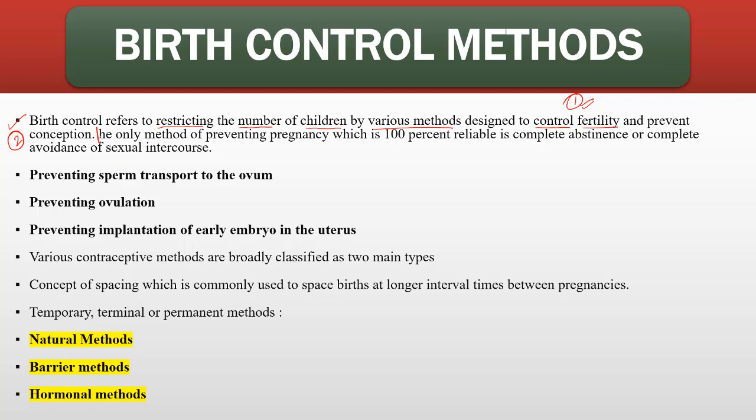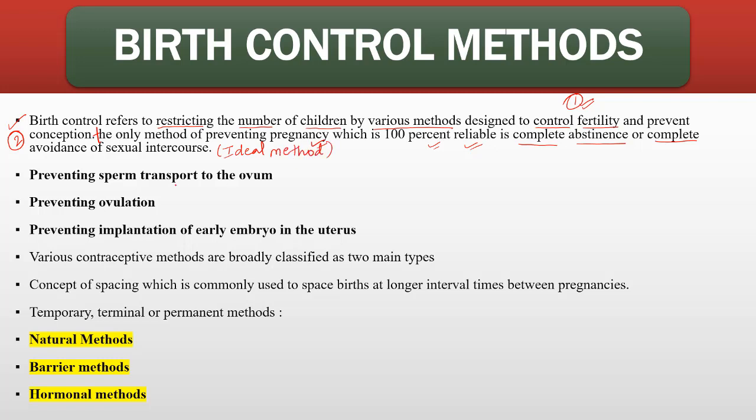The only method of preventing pregnancy which is 100 percent reliable is complete abstinence, or complete avoidance of sexual intercourse, which is an ideal method but not realistic.